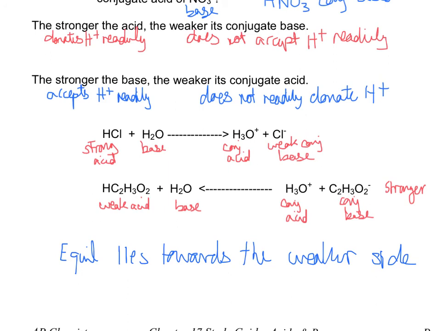The weaker side does not want to react as much, so it's going to stay. And so the equilibrium in this case lies all the way 100% to the right because this is the stronger side. In this one, this is the stronger side, so it lies this way. However, this is an equilibrium, so there is an arrow going that way. It's just not as much. The equilibrium lies more that way, or the reverse side.